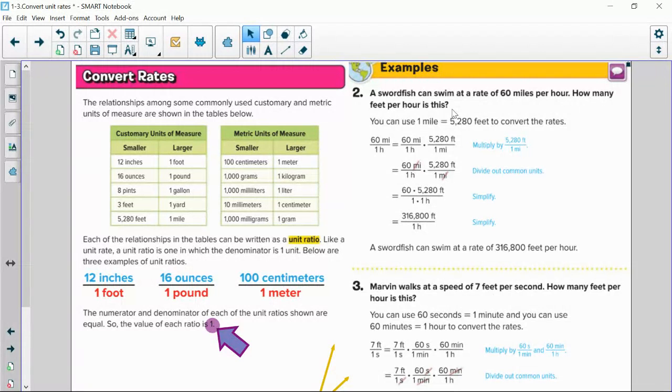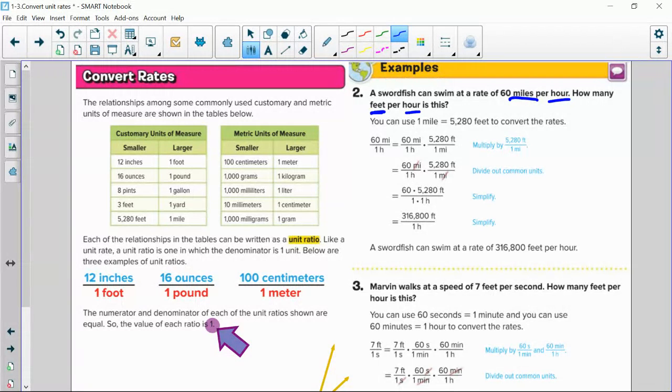So that's where they gave us some of the information that we do need for what they want us to find and what they want us to change it from. Okay, so we started with our miles per hour, but now they want us to change it to feet per hour.